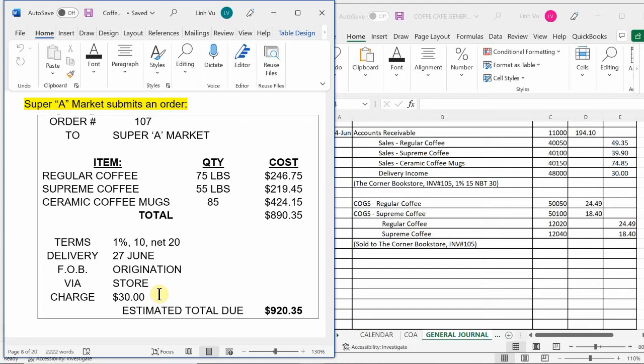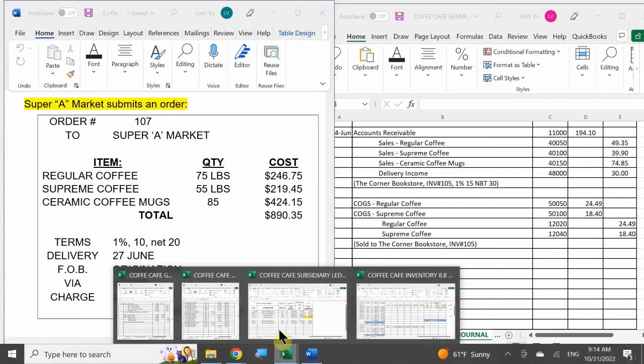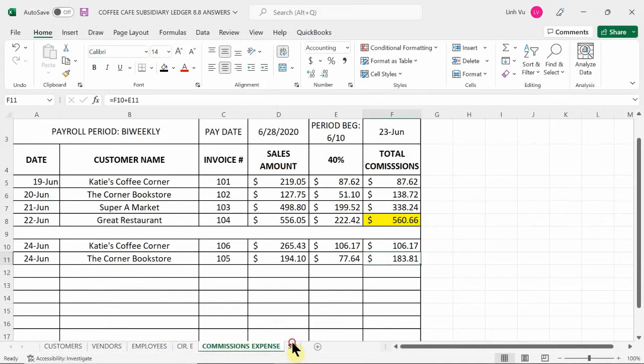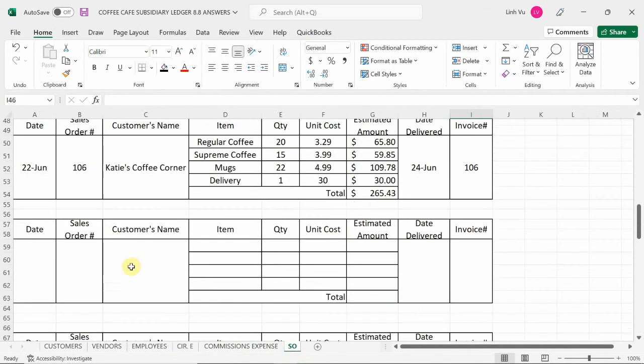So we go into our sales order. Super A Market.